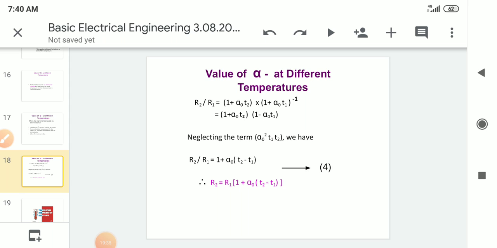Here, what is this equation? This is a relation between known resistance and unknown resistance in terms of the coefficient of resistance. Here, R1 is the resistance of any conductor at T1 degrees centigrade, and alpha 1 is the temperature coefficient of resistance. Like that, R2 is the resistance at T2 degrees centigrade. By using these equations, we solve some numerical problems also.